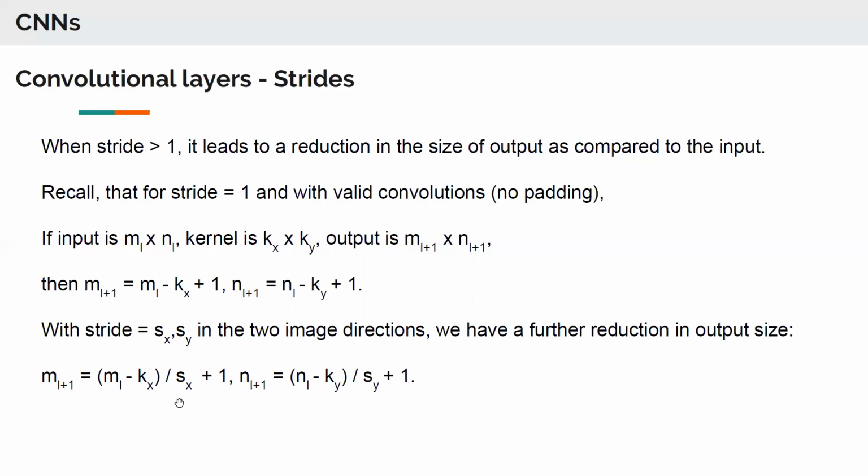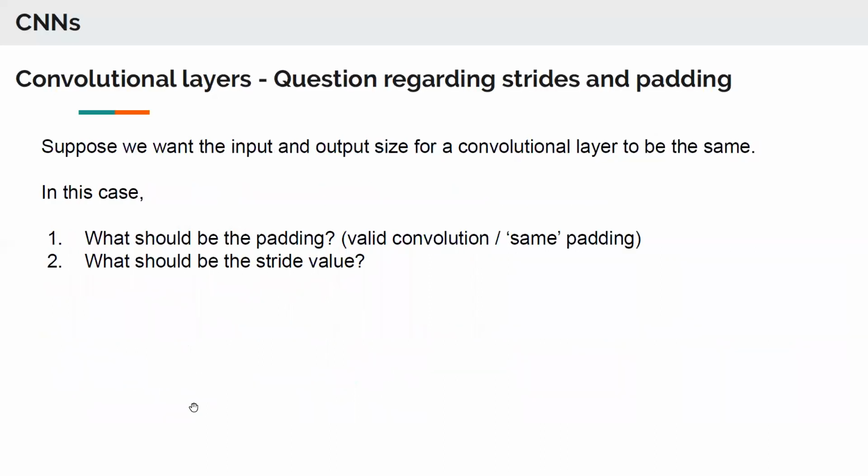So even if we use a stride of 2, we already get an output size which is almost half of the input size. So this can be a pretty drastic reduction in size by using higher strides.